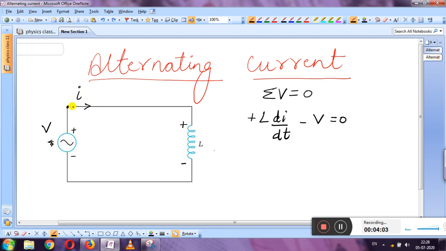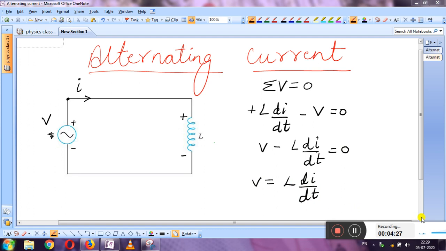As you can see, we reach the same point. Now I can also write V minus L di by dt, and in the next step I can write the value of V equal to L di by dt.